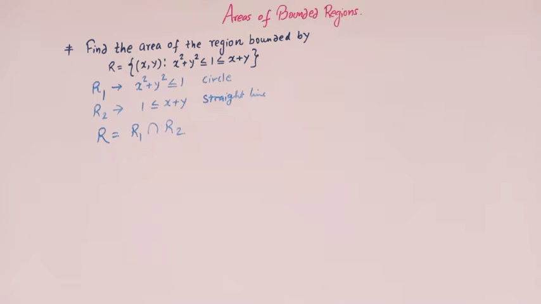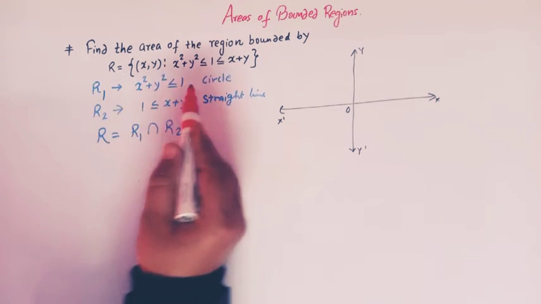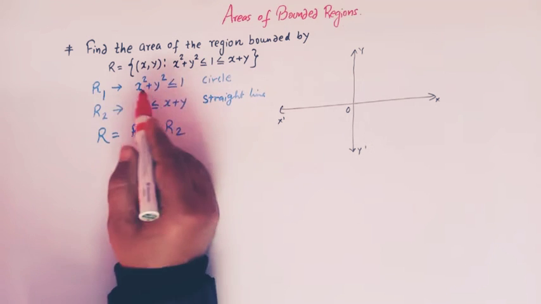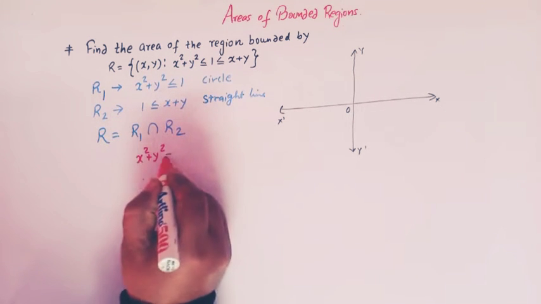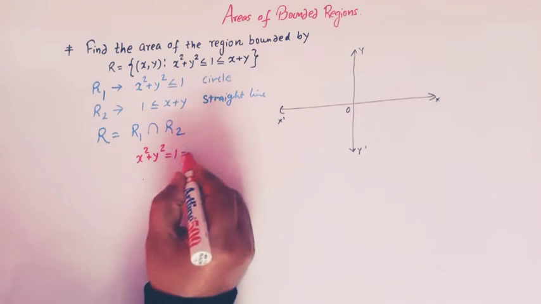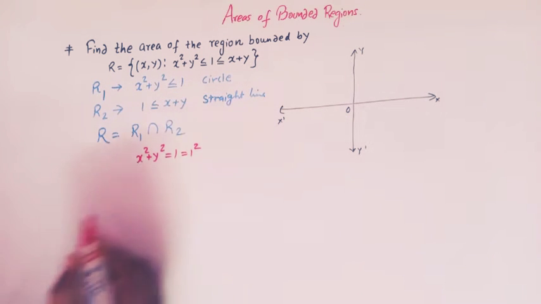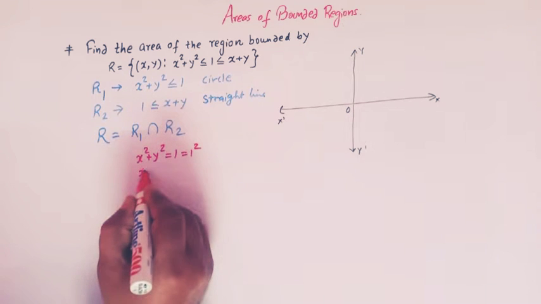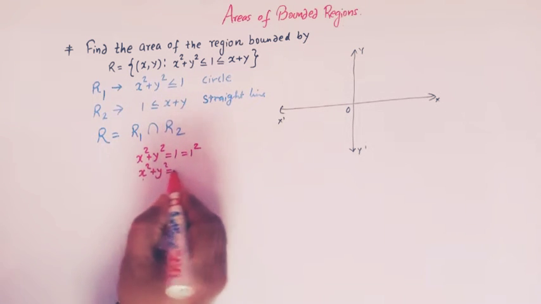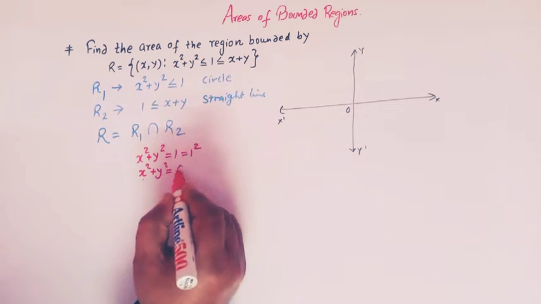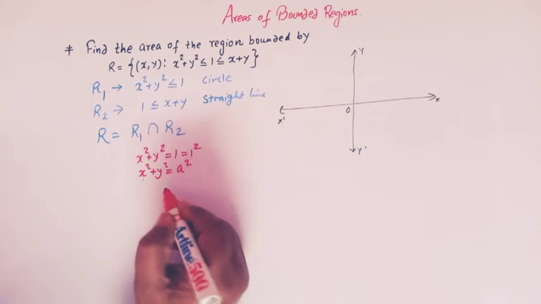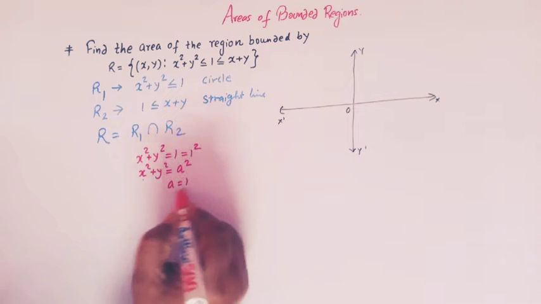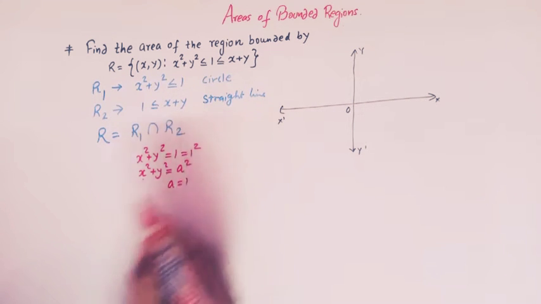Now viewers, R1 represents a circle which is x square plus y square is equal to 1, which can also be written as 1 square, right? So this circle is of the standard form, that is x square plus y square is equal to a square, where a is the radius of the circle, which is 1, or unit radius in this case.